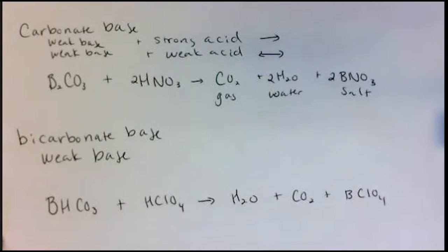How do you know which one will form the salt? All of them form a salt. Every single one of these will form a salt. But when you look at your reactants, how do you know which one's going to go to what? Pretty easy. Let me just get a different color pen.